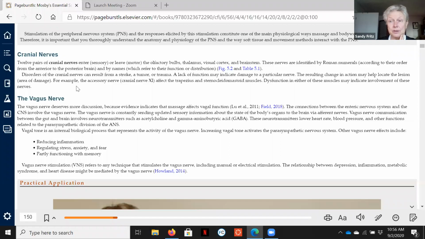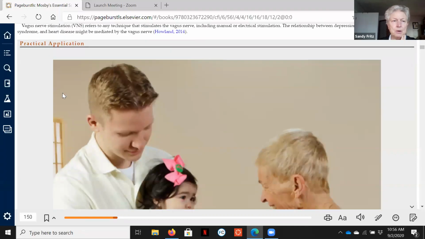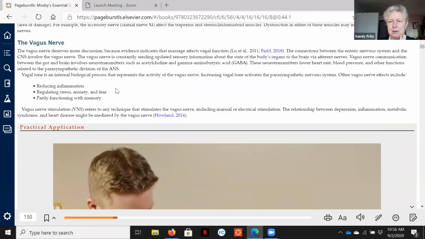Then there's the cranial nerves. And there's some fun little learning tips on the YouTube videos about remembering cranial nerves. The one we actually spend the most interface with in terms of benefit is the vagus nerve. A lot of study on that.